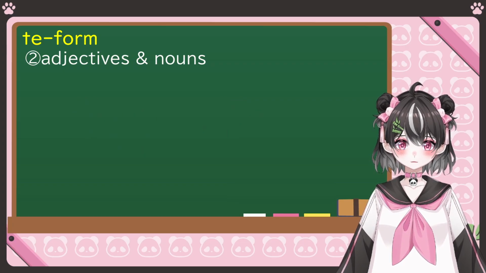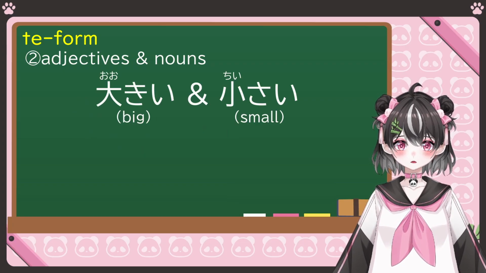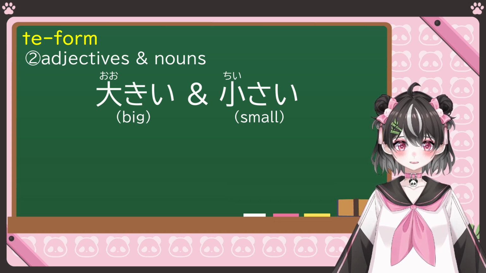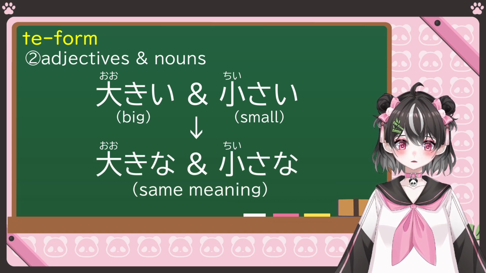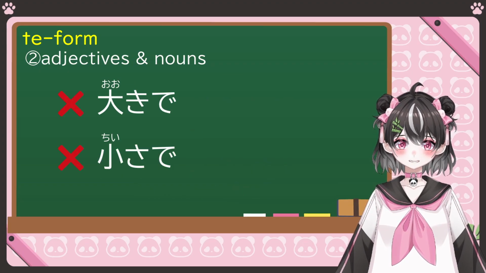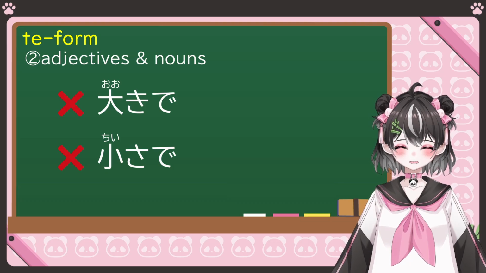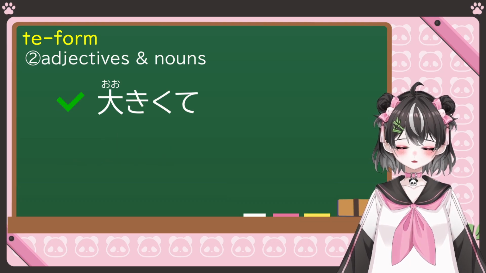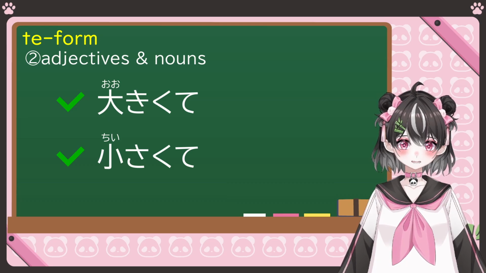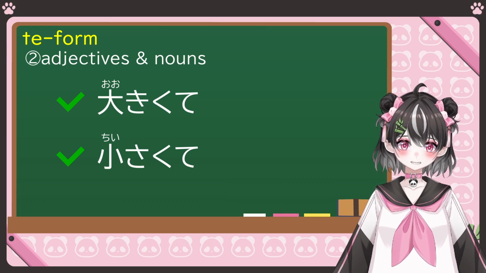There is one thing to be careful about. 大きい and 小さい can also appear as 大きな and 小さな. But you can't conjugate them like 大きで or 小さで. You must say 大きくて and 小さくて according to the rule for I adjectives.